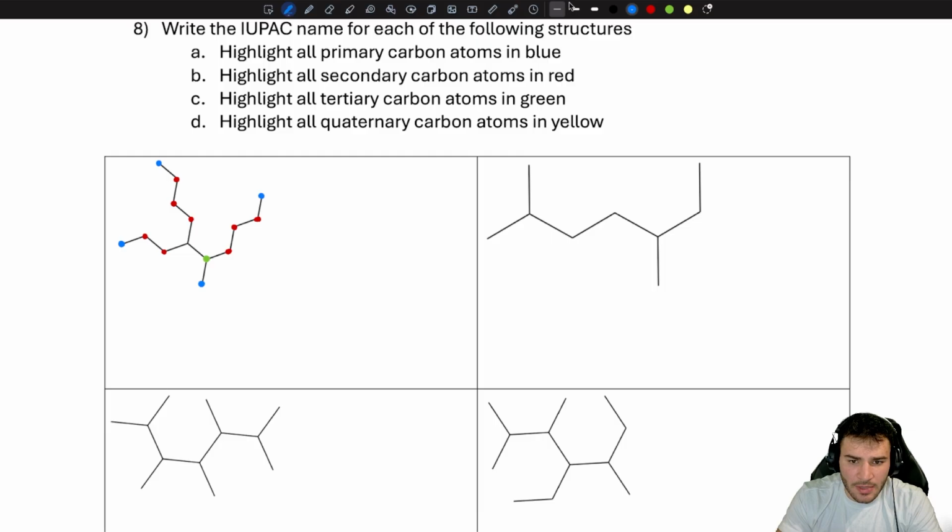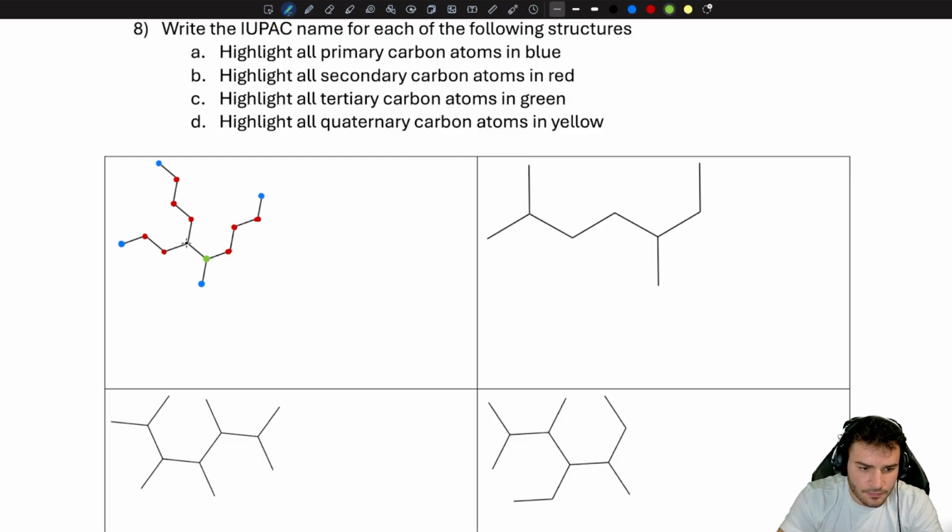Okay, and I'll write the name down using blue, but realize that that's not part of the original problem. First of all, let's find out what our long or parent chain is. So what we can do is count 1, 2, 3, 4, 5, 6, 7, 8, 9. I actually forgot one of the carbons here.